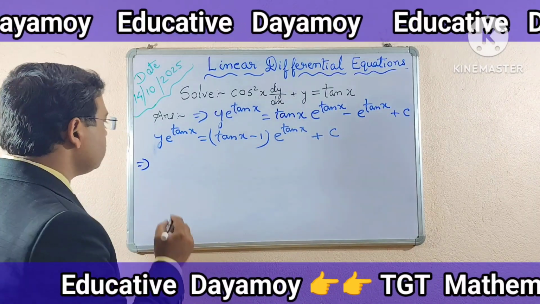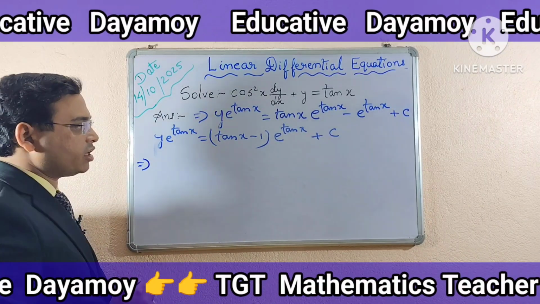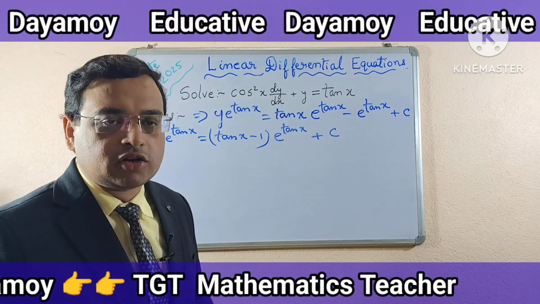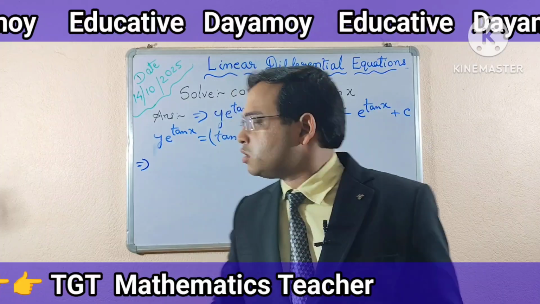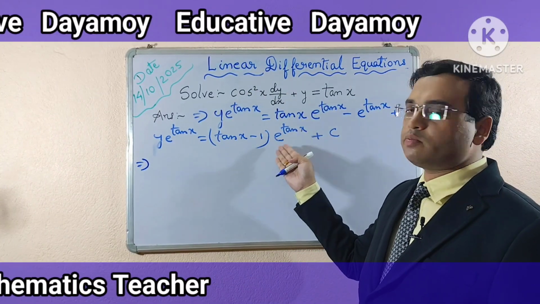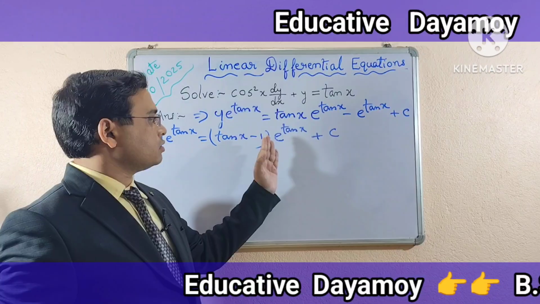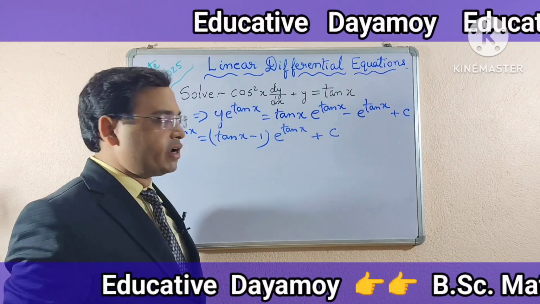Now what will I do here? Now I will divide both sides by e to the power tan x. So what will I get after dividing both sides by e to the power tan x? I will get y equals tan x minus 1, because in place of this, 1 will come after cancelling e to the power tan x by e to the power tan x.